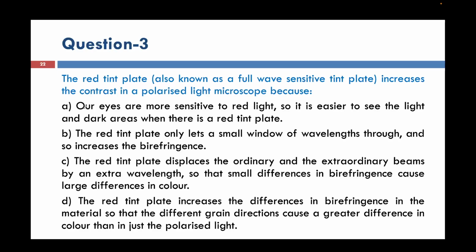Option C is the red tint plate displaces the ordinary and extraordinary beams by an extra wavelength, so that a small difference in birefringence causes a large difference in color. And the last option, D, is the red tint plate increases the difference in birefringence in the material, so that different grain directions cause a greater difference in the color than just in polarized light.